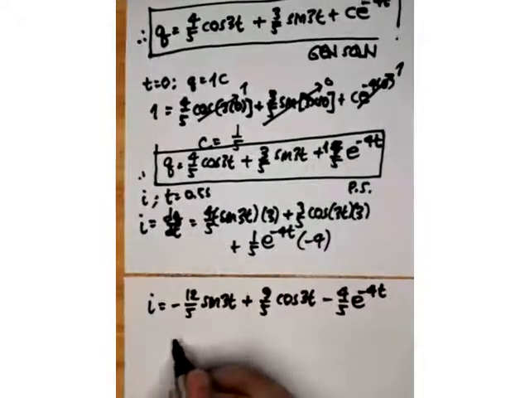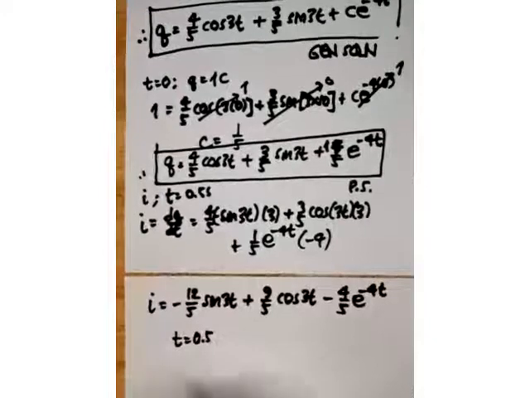Okay, so let's apply it. What is I when t is equal to 0.5?